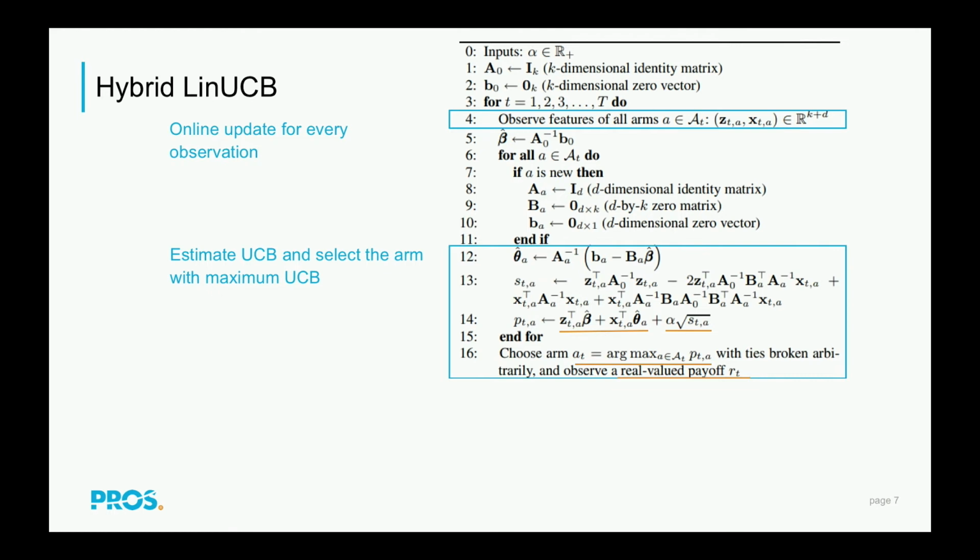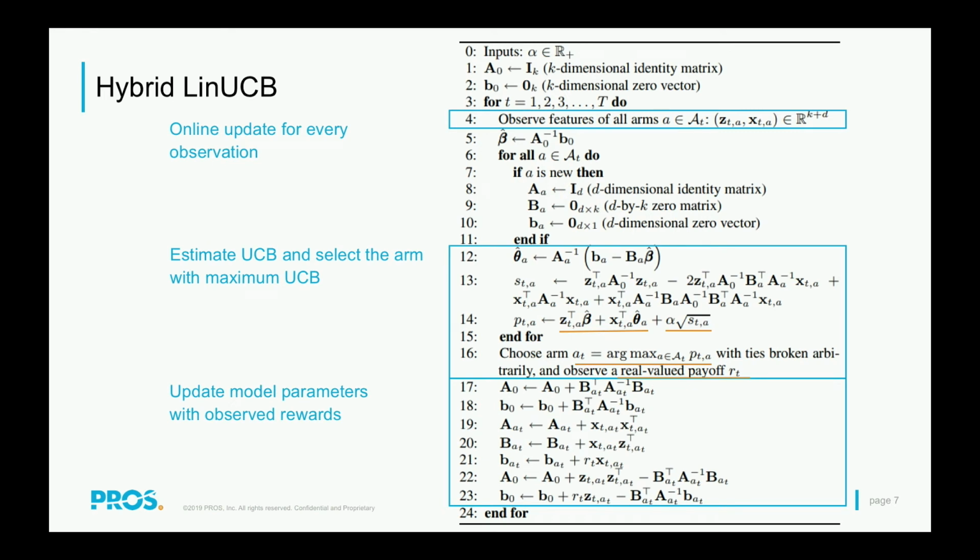And once we observe this payoff, we are going to update all these A and B's in order to derive the thetas and betas for the next round. So all these model parameters are updated according to the context, the reward observed, and which arm has been played. So this is an iterative process.